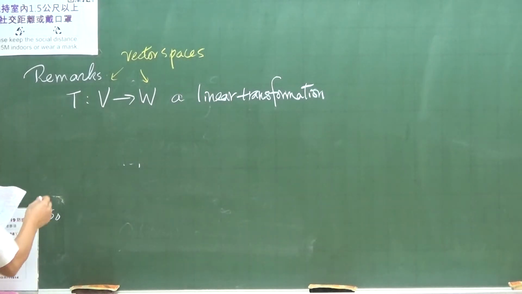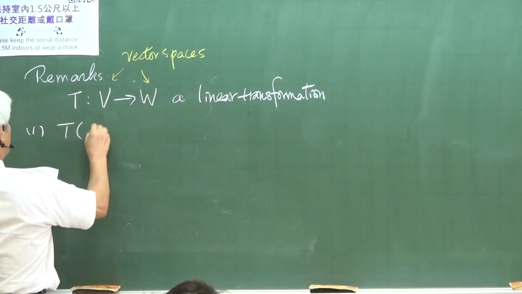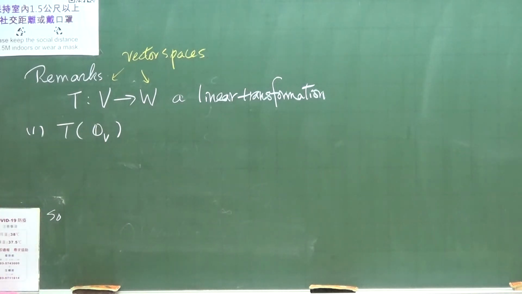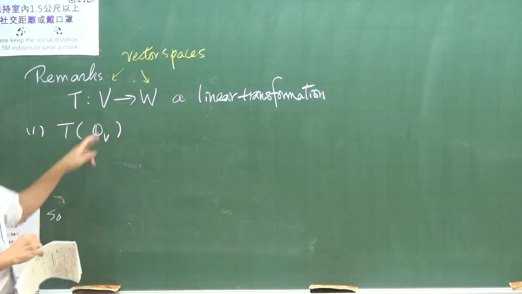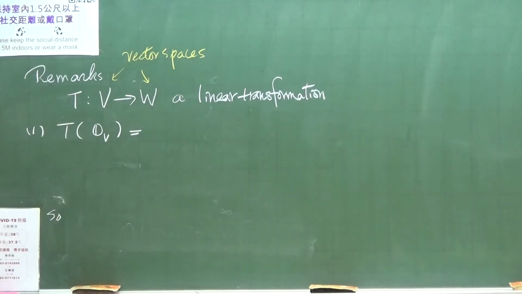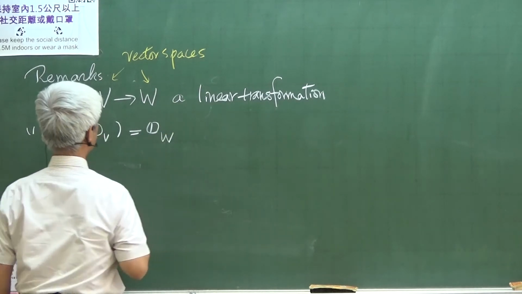So the first thing is, if we transform the zero vector in the vector space V, then the value would be the zero vector in W.